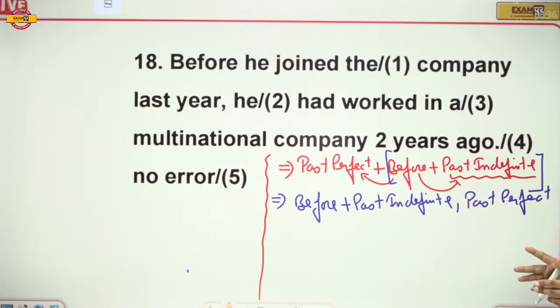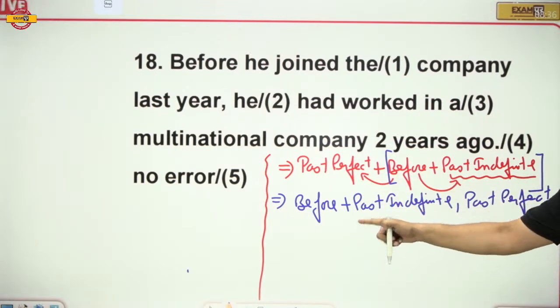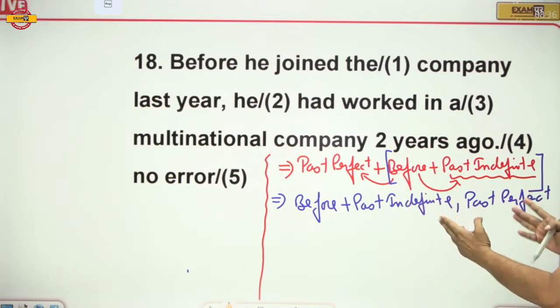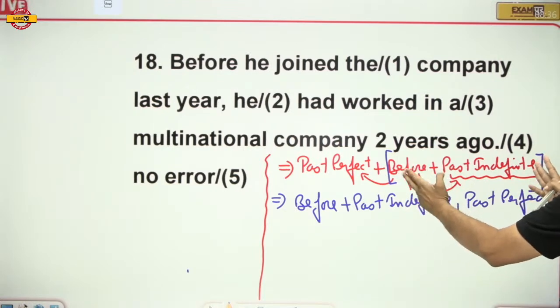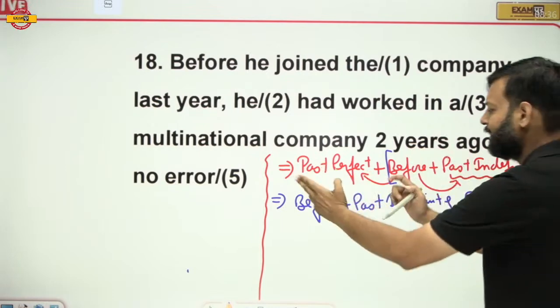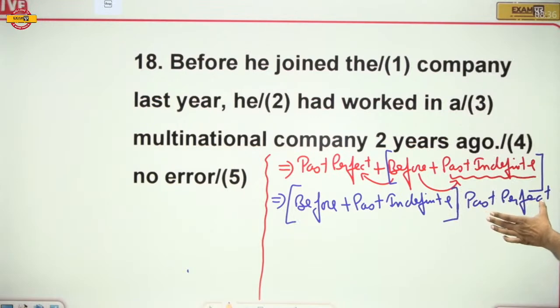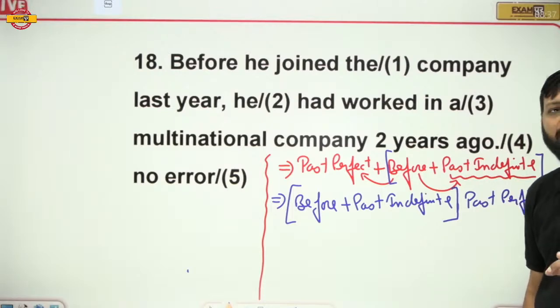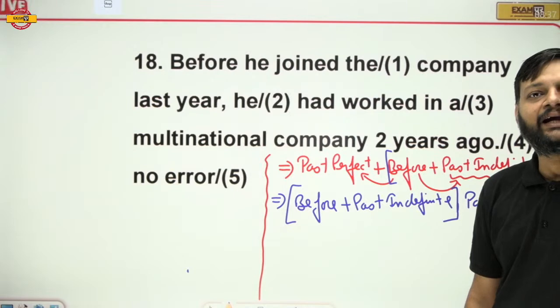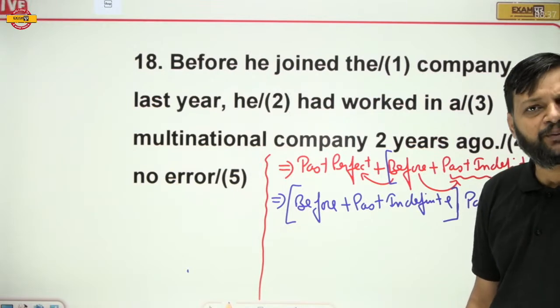We can also write this sentence as this one, because we have brought this before plus past indefinite in the beginning, and past perfect is here. Okay, so both the ways are absolutely correct. The logic is that after the word before, we need a past indefinite, and the remaining clause must be in past perfect.